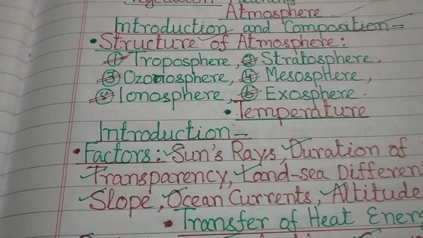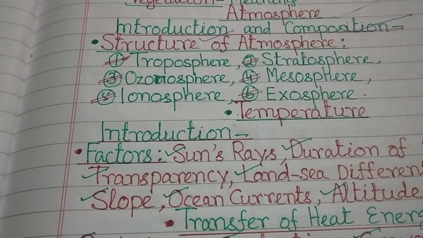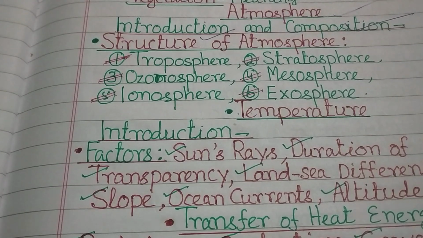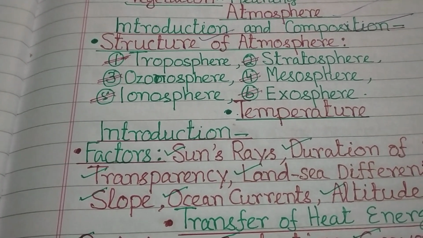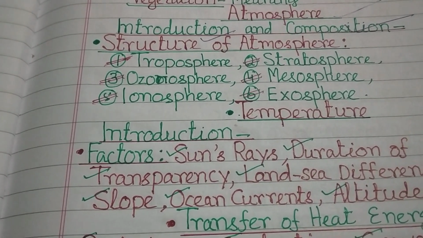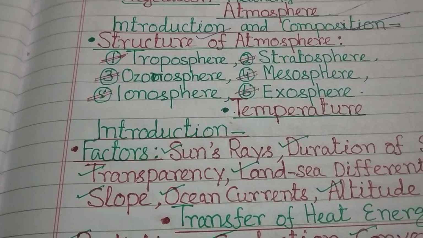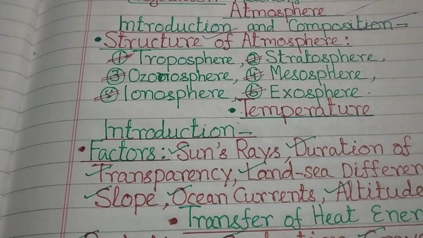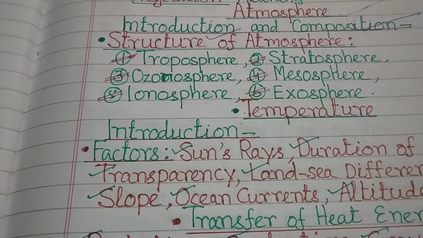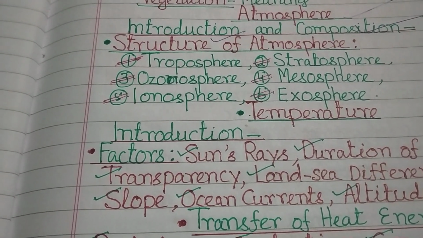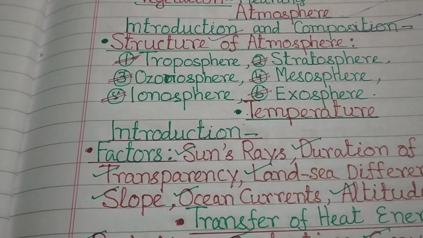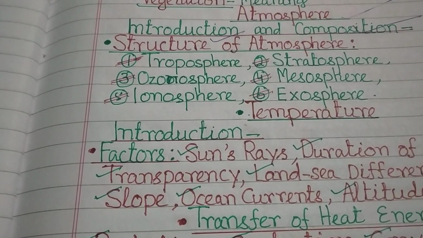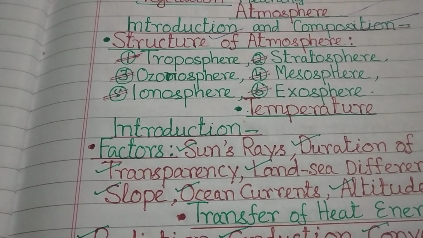Compared to the Earth's radius, the atmosphere appears to be only a very thin layer of gases. However, because of the force of gravity, it is inseparable from the Earth. The atmosphere differs from the lithosphere and the hydrosphere in many respects.